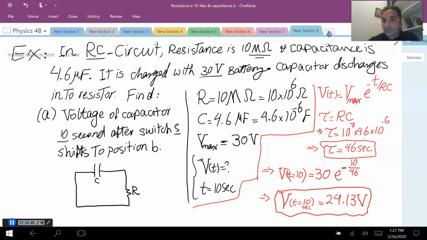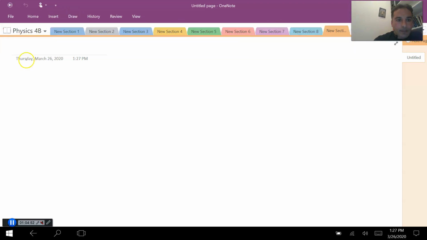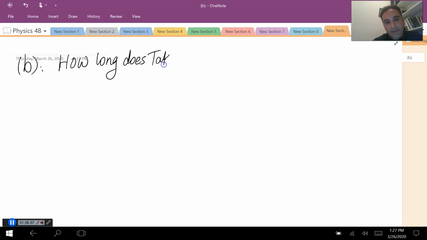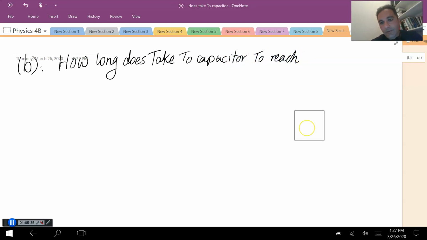Let's see what part B says. How long does it take for the capacitor to reach 10-volt voltage?